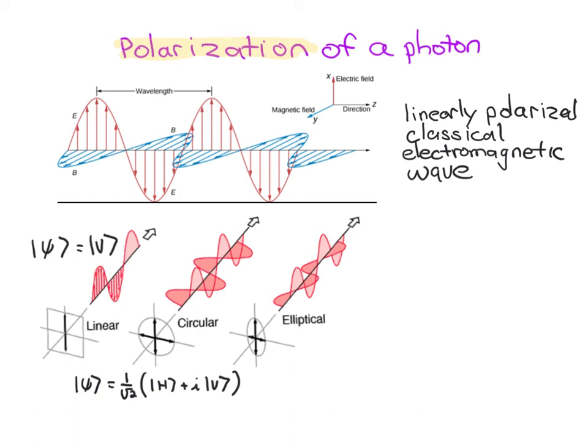This is a vertically polarized photon, and it has a polarization state V, whereas circularly polarized light has a polarization state which is a linear combination of horizontally and vertically polarized light with a 90-degree phase difference between them.